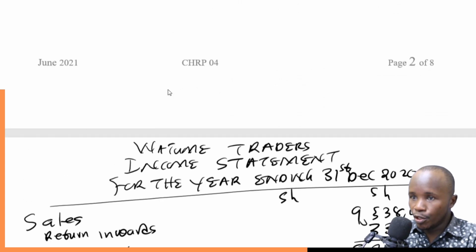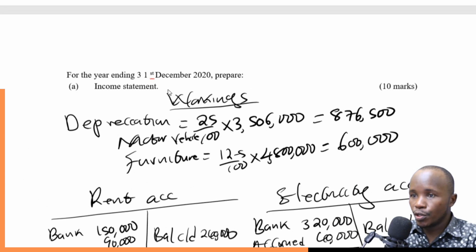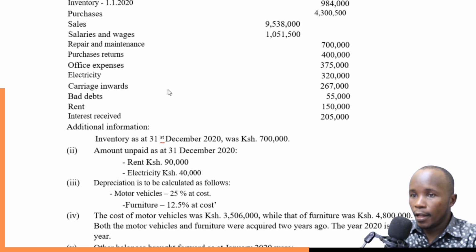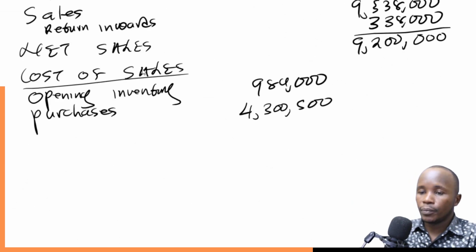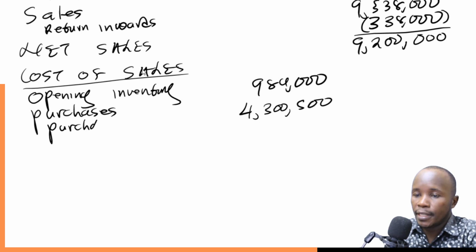Purchases returns, they reduce your net purchases. Purchases returns are 400,000. This one you subtract, as we did with sales returns, or returns inwards. The same happens here. Purchases returns we subtract, that is 400,000.